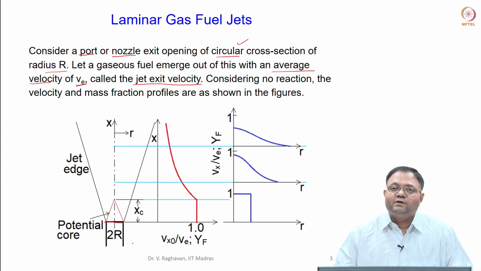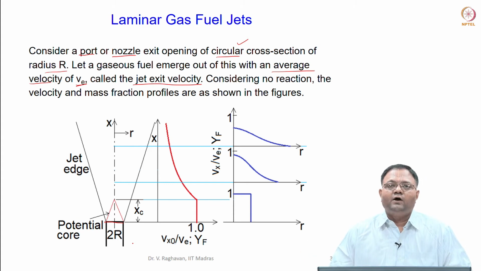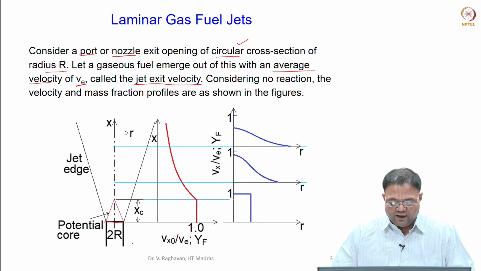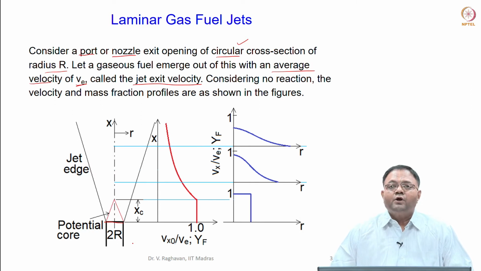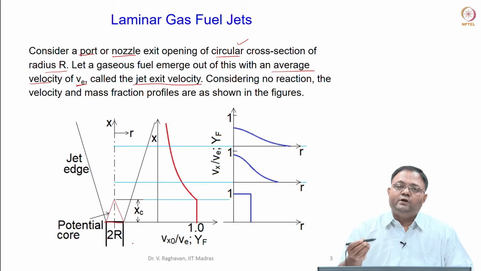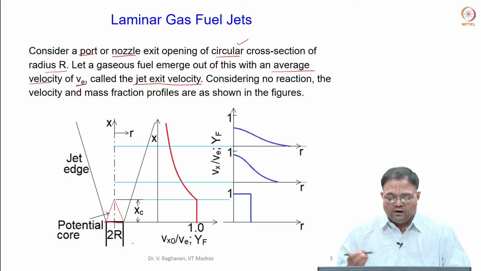The jet is coming out with the average velocity VE. Let us see how the jet gets into the ambient and how its velocity and mass fraction of the fuel are affected.